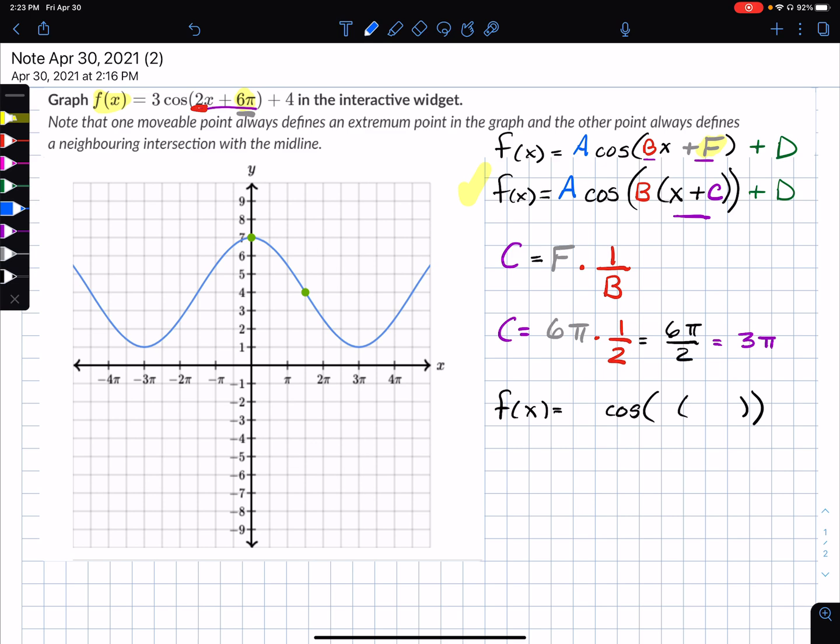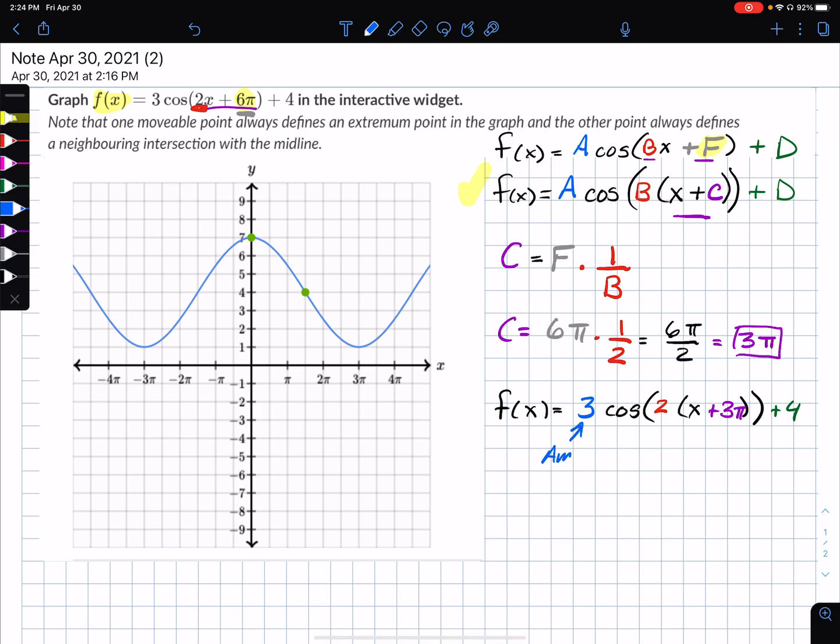We clearly have an a value of 3, so we know our amplitude. Looks like the student did well on that part, as well as the +4 for the midline. The b value is that 2 we mentioned, and we've already used that. And then the innermost layer, where we had to calculate this c value, is positive 3 pi.